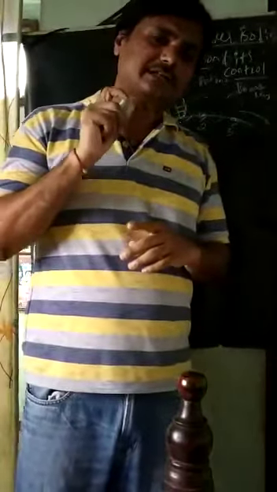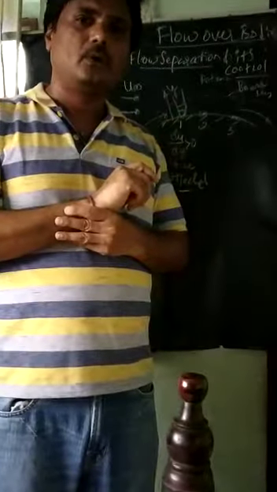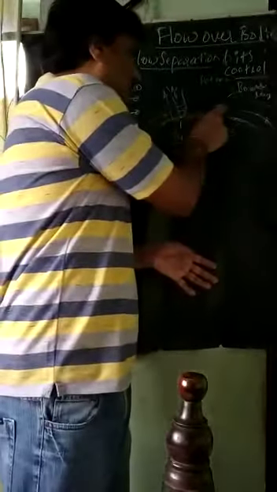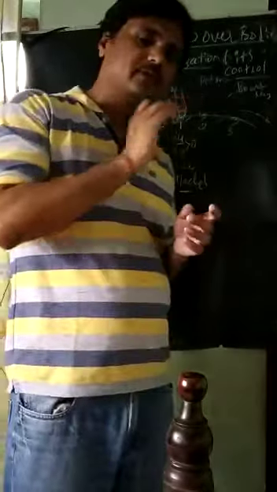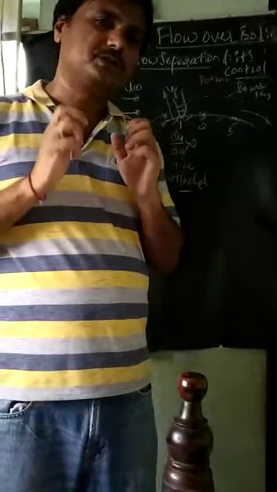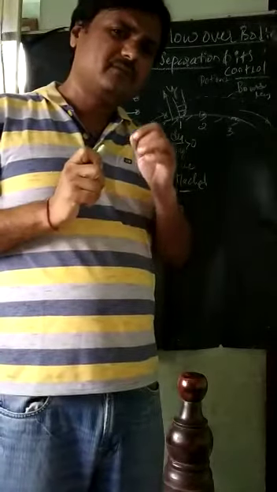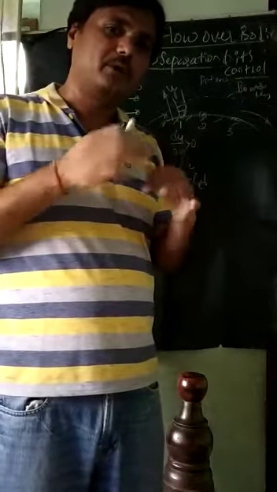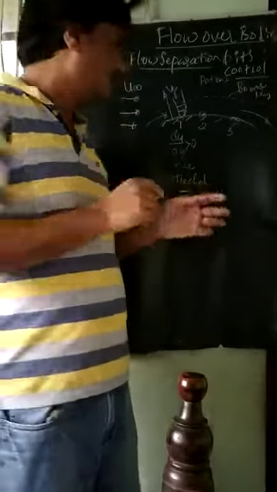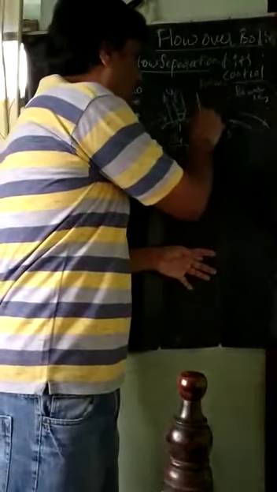Similarly, I will take another strategic point, point 2 here. What happens when the flow reaches point 2? Some adverse pressure gradient will take place. Because of the development of the adverse pressure gradient, the velocity profile will be somewhat flattened, like this.